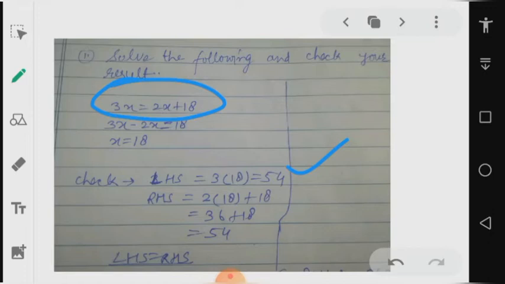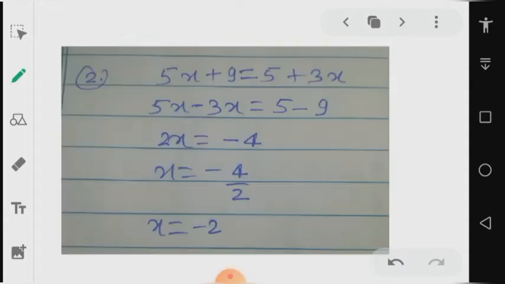In the RHS we write 2x plus 18, so it is 2 into 18 plus 18, and after solving it we get 54. Now LHS equals RHS. What does it prove? It means the value which we have found was correct. So x equals 18 is the correct answer, because we have proved that both LHS and RHS are equal.